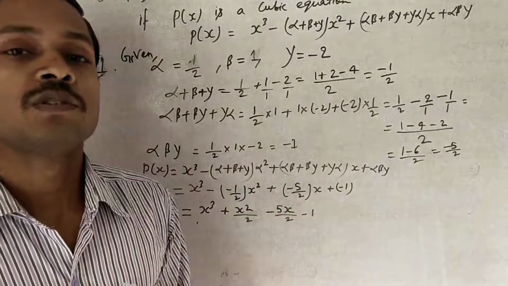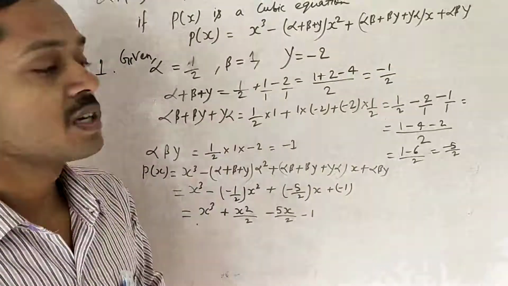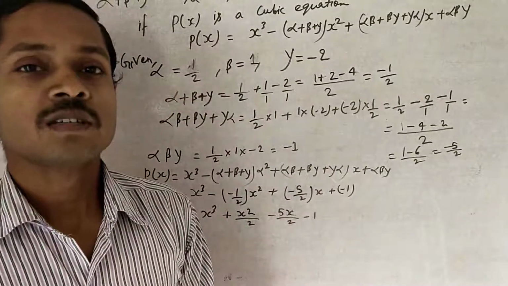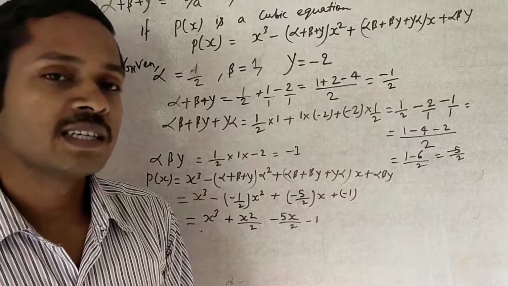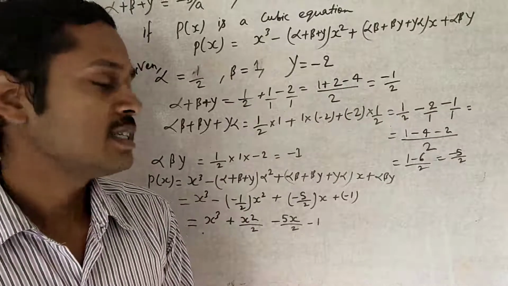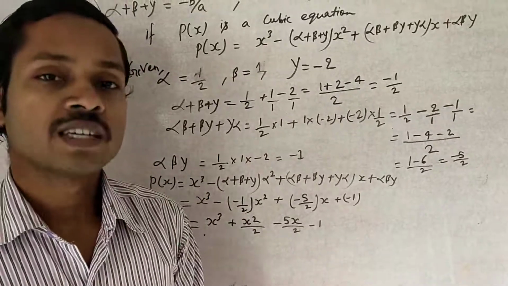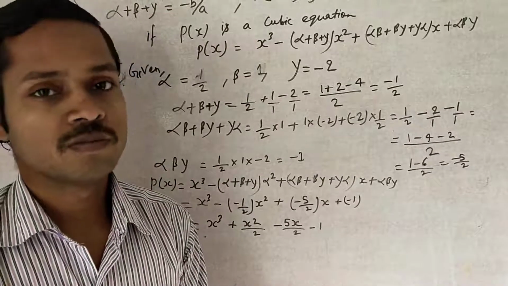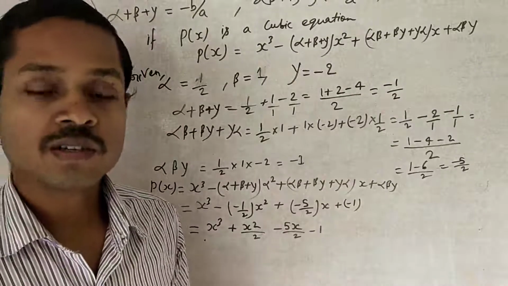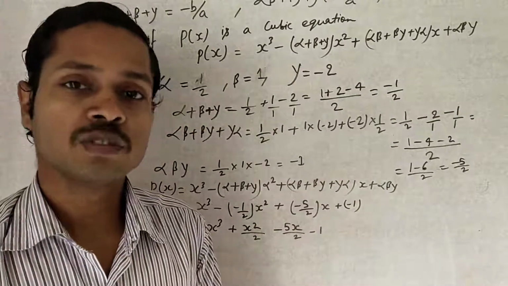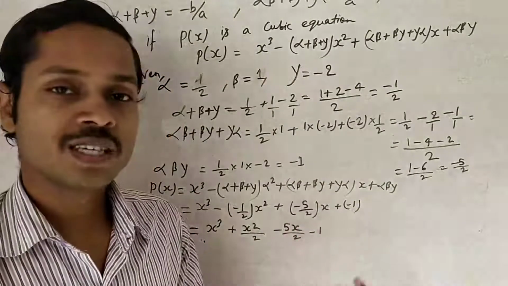Students, you will have to just think about that. Any type of cubic equation, when we are solving it, at that time we need to see whether these are in fractional form or in normal form. These are not in the normal form. So when these are in the fractional form, we will have to take that this equation equal to 0.